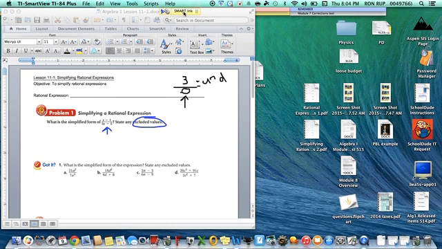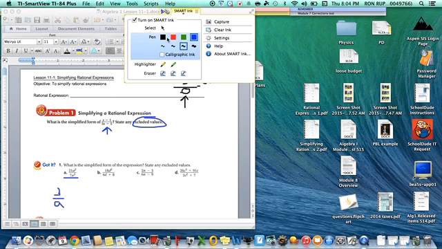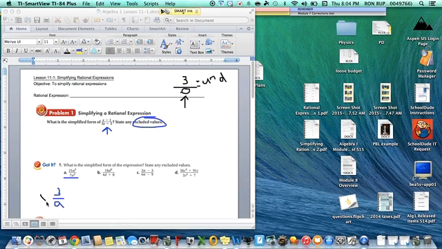So recall that letter A here equaled 3 over A. What value for A would make the denominator 0? Well, this one's pretty obvious: 0.